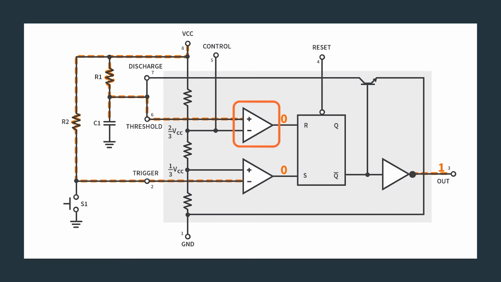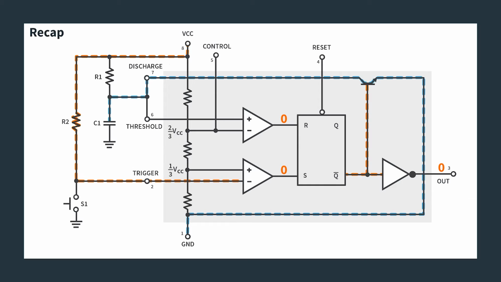Now looking at this comparator right here, we are waiting for this voltage to hit 2/3 of VCC compared to this voltage divider right here going into the inverting. We're waiting for it to hit 2/3 VCC for this to flip and provide R a high voltage, to invert the output of the flip-flop.